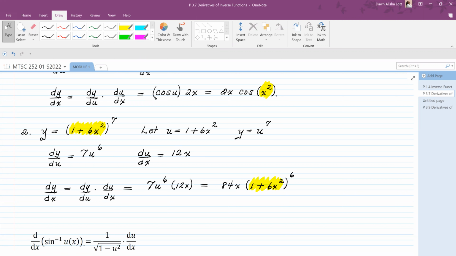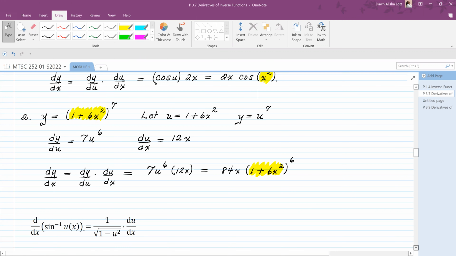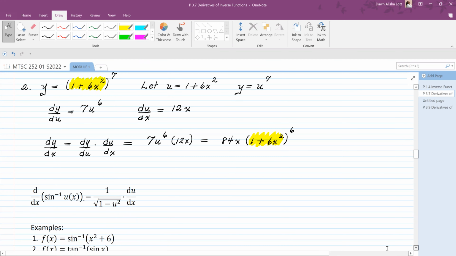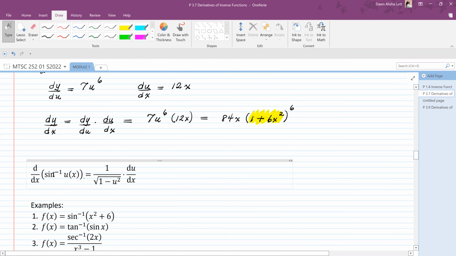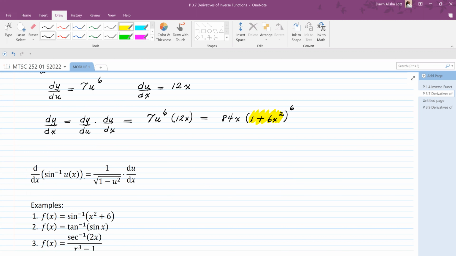So now we can do the chain rule with inverse trig functions. So let's see, here's one: the derivative of the sine inverse of u of x. So the y here is the sine inverse of u.